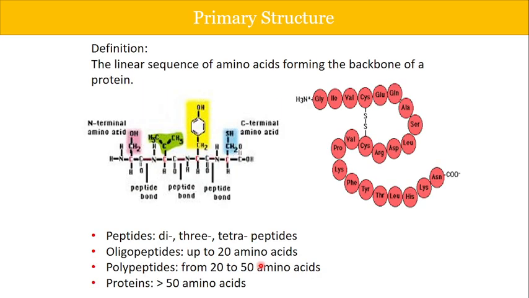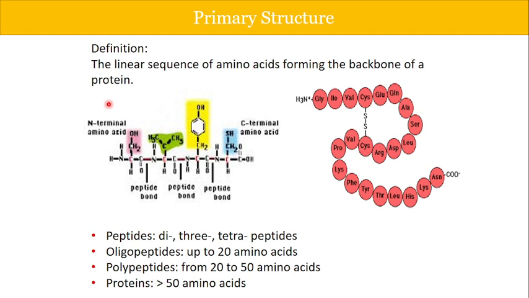So what is the primary structure of a protein? It is the linear sequence of amino acids forming the backbone of a protein. If you join amino acids in a linear format via removal of a water molecule and build a chain of random amino acids, we have 20 amino acids, so you can build a random chain in a linear format.